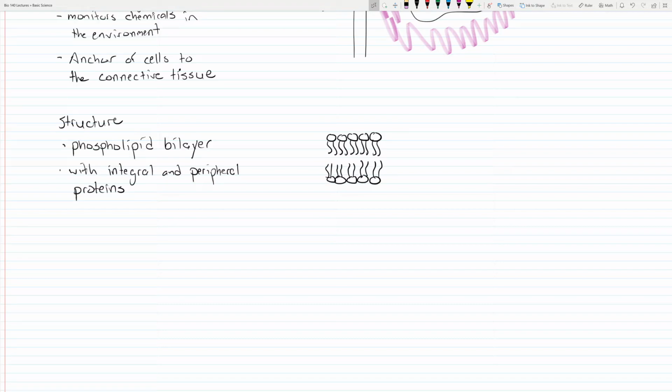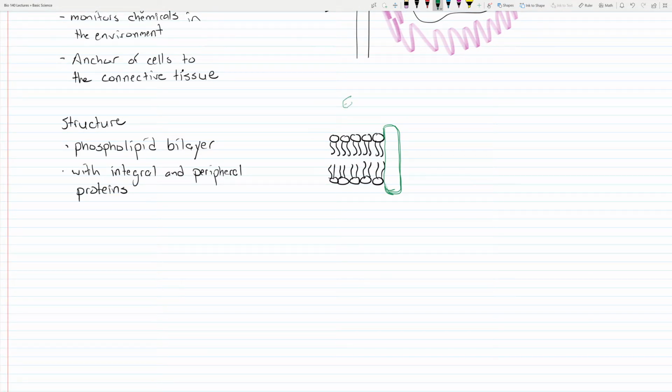I'll draw it in a green color. If you have a protein here that totally crosses the plasma membrane, here's extracellular, here's intracellular. If you have a protein that spans the entirety of the plasma membrane, so one side touches the extracellular fluid and the other side touches the intracellular fluid, that is called an integral protein.